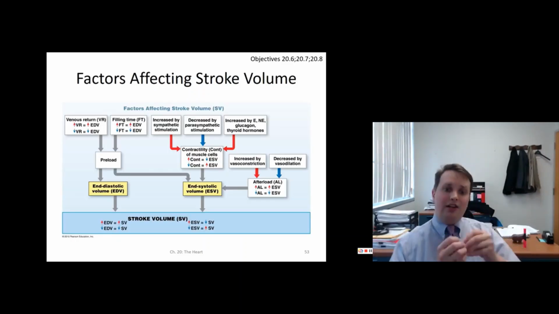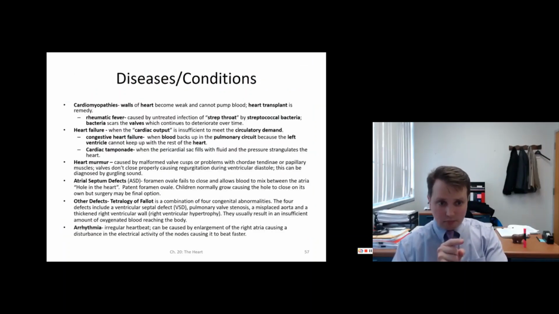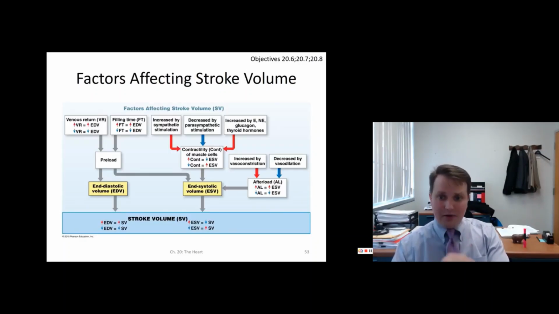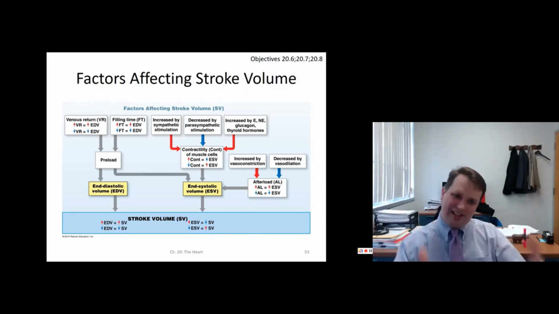And you can see all that here. What I would urge you to do, honestly, is to draw this, map this out. This makes a great exercise: really sit down and map this out yourself. You can see how EDV is affected by preload. ESV is affected by preload. You can see how venous return affects the preload.